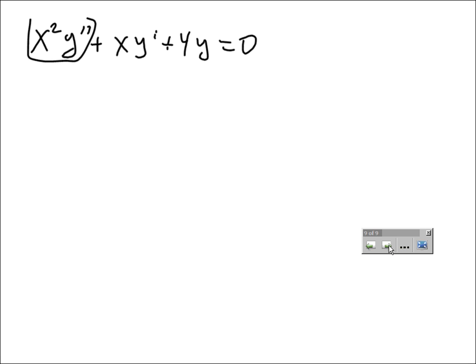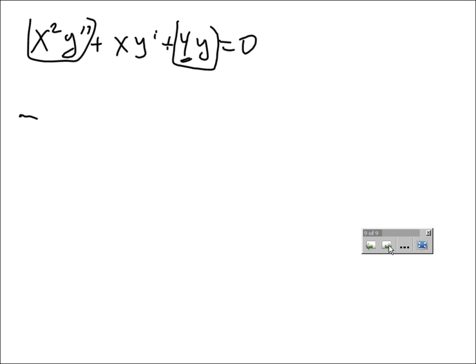this. Okay, let's try at least one more. Suppose you have x squared y double prime plus x y prime plus 4y is 0. This is surely Cauchy. There's no number in front. If there were, I would write it down.